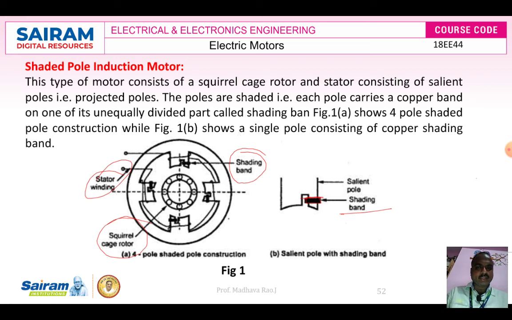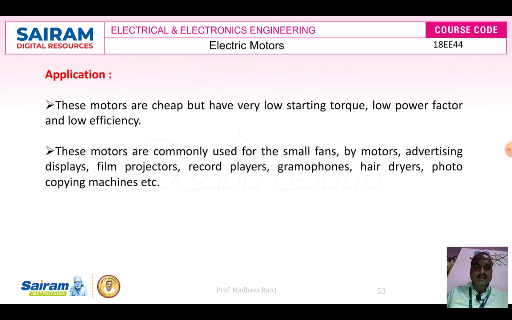Now we will move to the applications of the shaded pole induction motor. These motors are very cheap and have very low starting torque, low power factor and low efficiency. Low power factor obviously means the efficiency will be low.